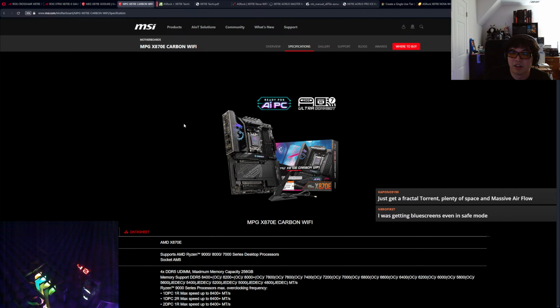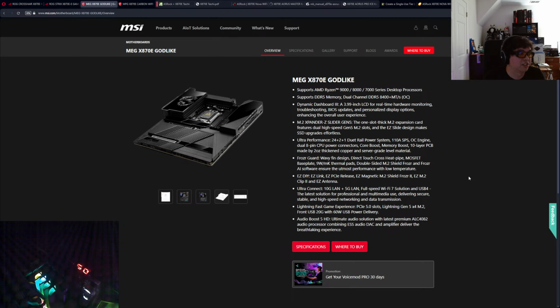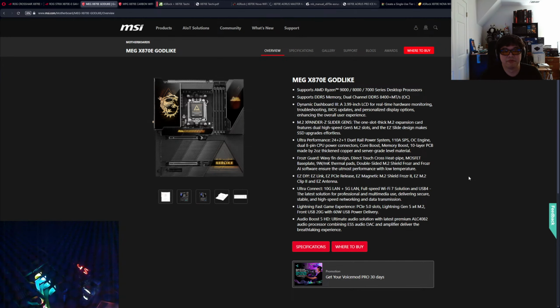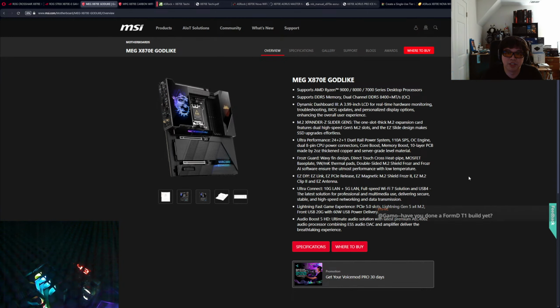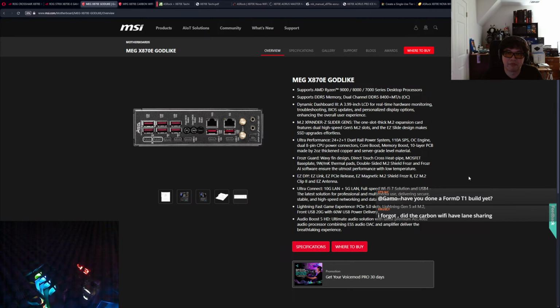I think Tomahawk also. I think all of the MSI X870 and X870E motherboards already have it. Wow, their website scales really weird. Godlike has it, yeah. That is something I will be very interested in seeing because it will allow pushing the memory speeds up really high because of that redriver.